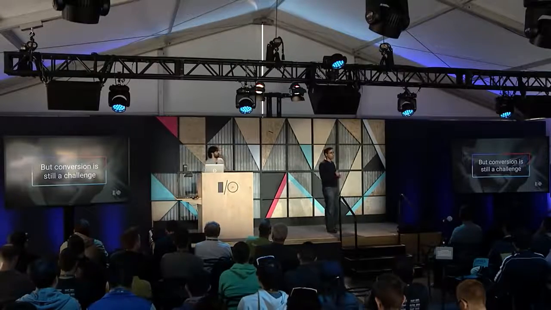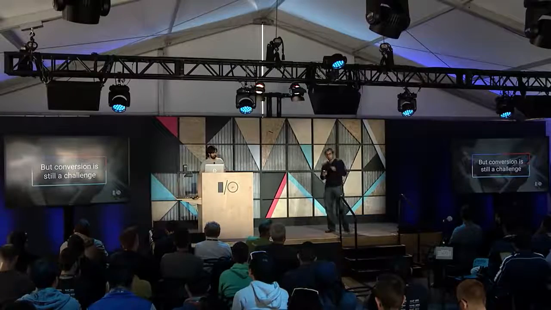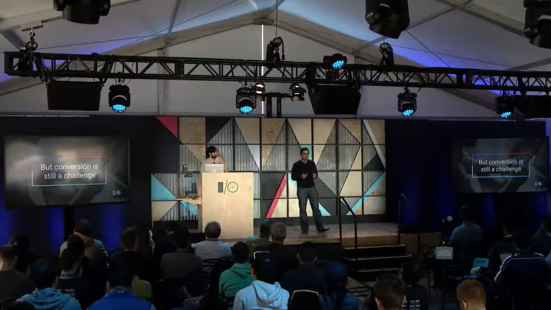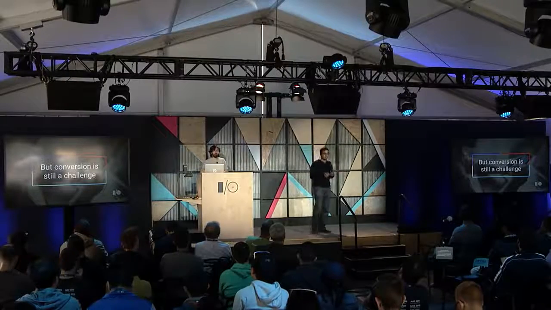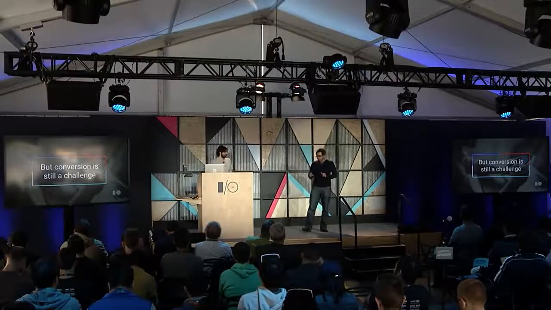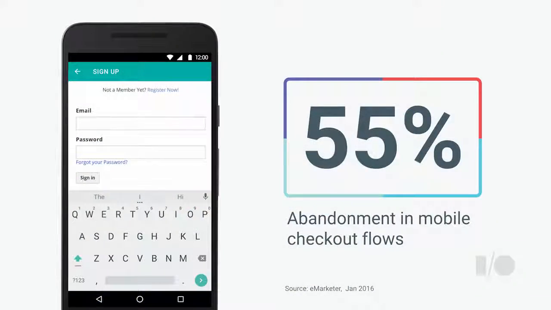It's the long registration forms, the long checkout forms with over 15 steps to add your full credit card number, your CVC, your expiration date, your full billing address, and if you're shipping somewhere else, your shipping address as well. So it's not surprising that over 55% of users drop out of a mobile checkout flow. If you look at overall cart conversion, it's even lower than 15% on mobile.